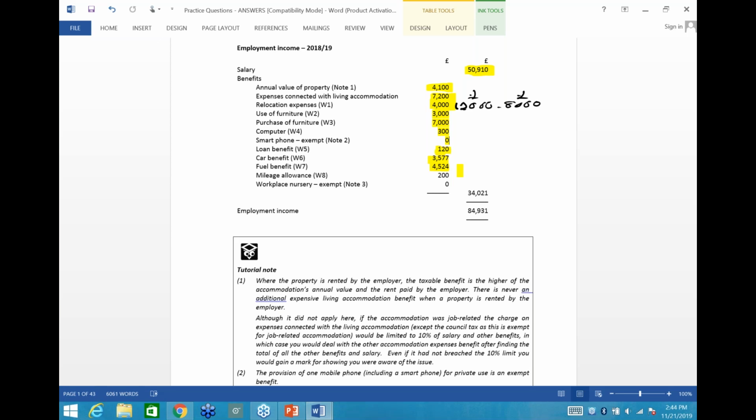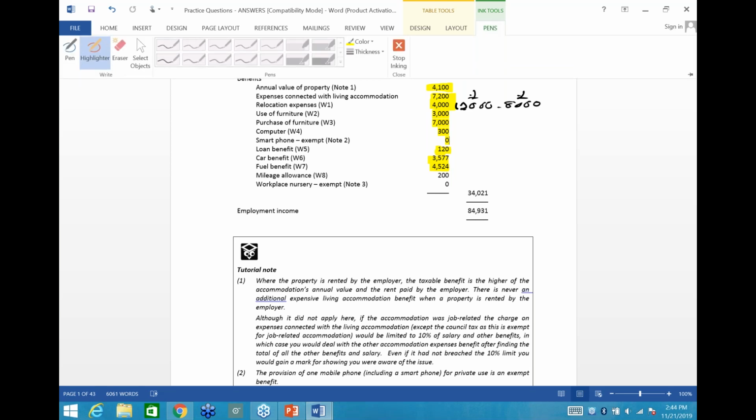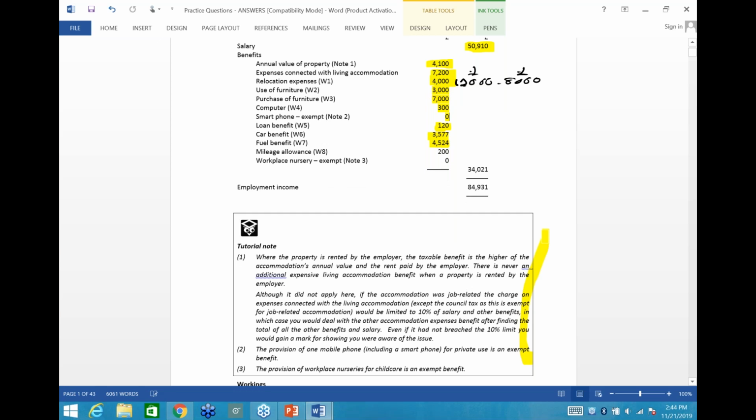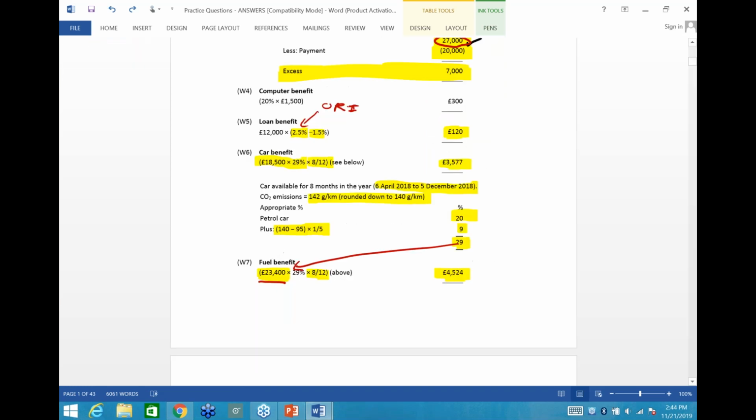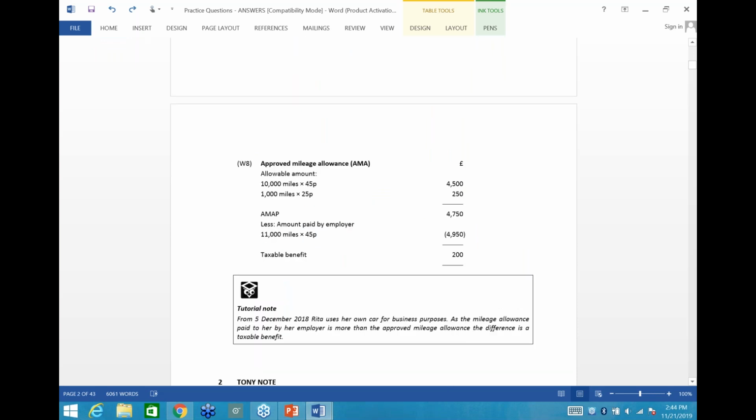she was given a car by her employer. Now, during that time period, you didn't use your own car.